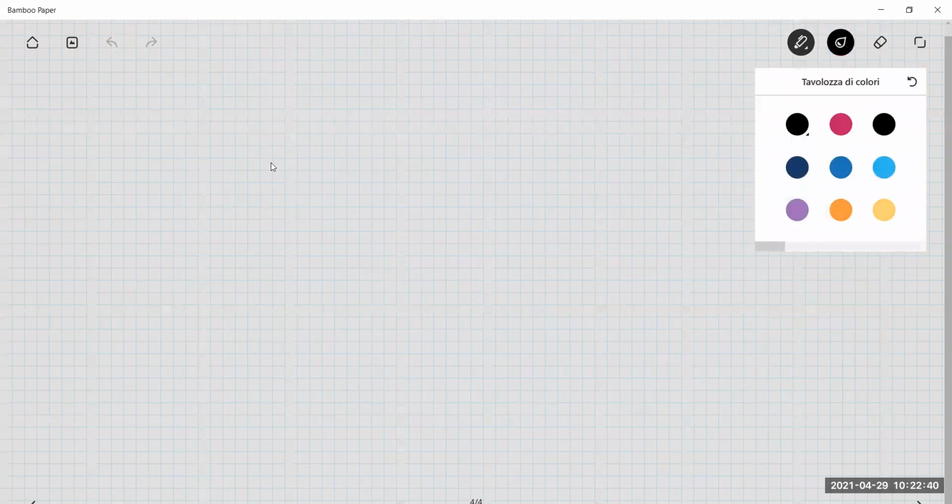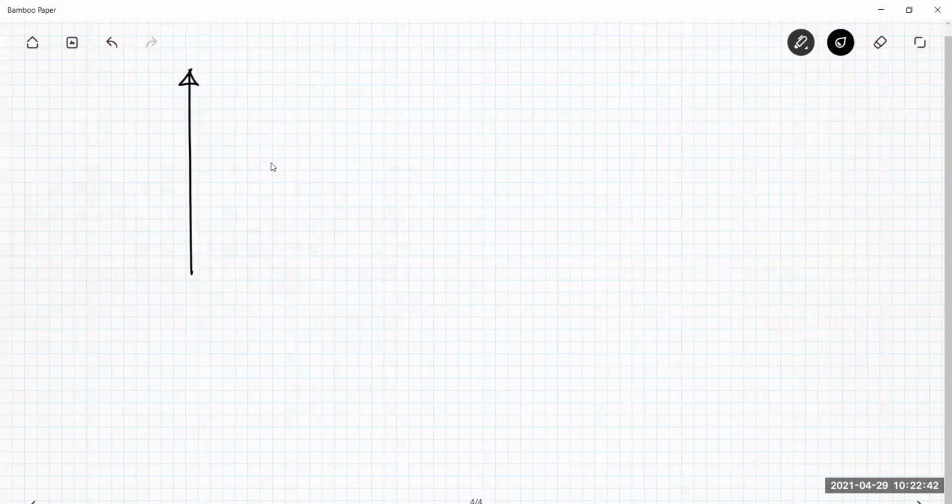For example, what does it mean? And this is something that we already saw in yesterday's lecture. What does it mean having a duty cycle that rises from 0 to 0.8 in our application?